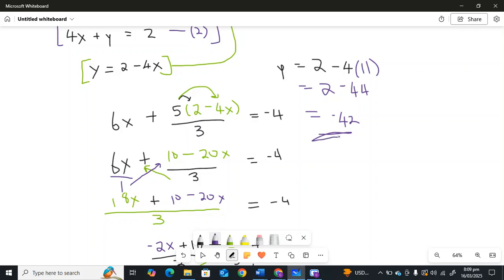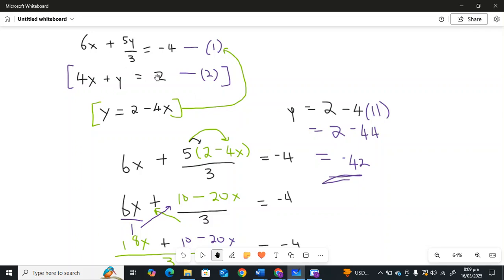With simultaneous equations, you can verify if your answers are correct or wrong. Since equation 2 is the easiest to work with, if you substitute x with 11, 4 times 11 is 44, plus y, which is negative 42. So 44 minus 42 gives you 2.